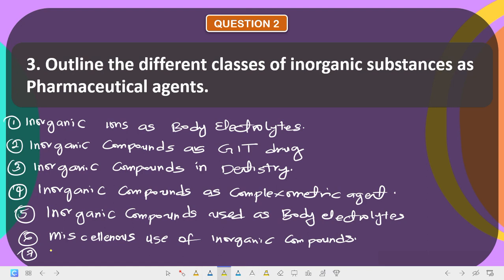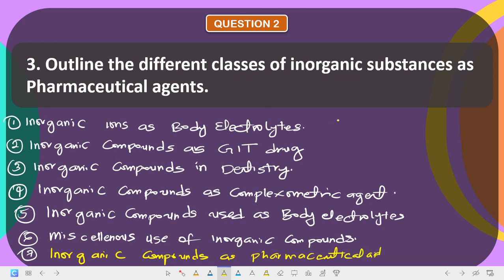So the one I missed, I'm going to write it with a yellow pen to indicate that I didn't get that one correctly. So we have inorganic compounds as pharmaceutical aids.